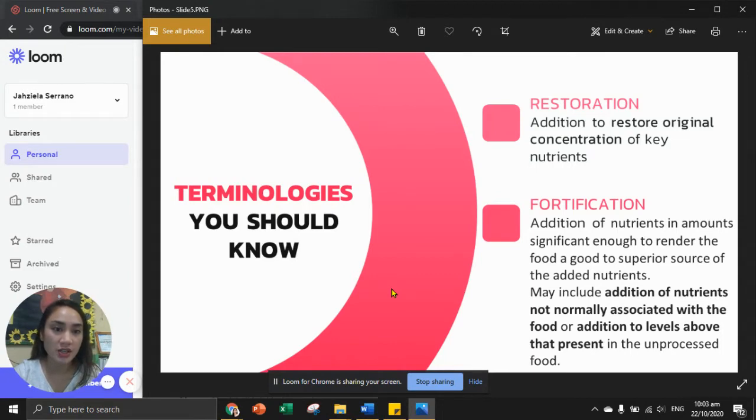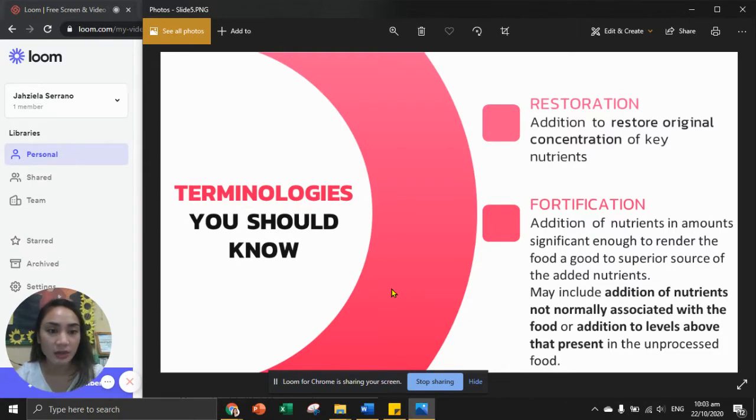First is restoration. So restoration means it is the addition to restore original concentration of key nutrients. Second terminology is fortification. This is the addition of nutrients in amounts significant enough to render the food a good to superior source of added nutrients.